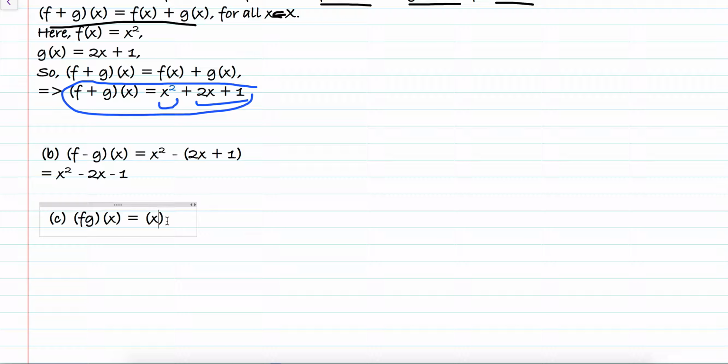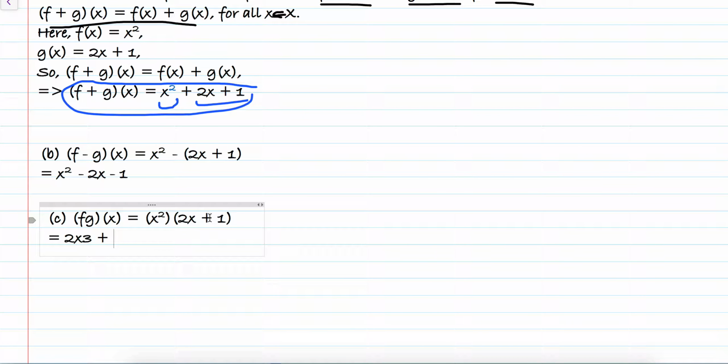So this will be x square times (2x plus 1) and it will be equal to 2. So here, this x square multiplies with 2x, it becomes 2x cube.